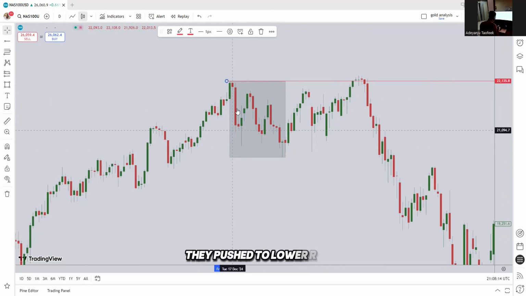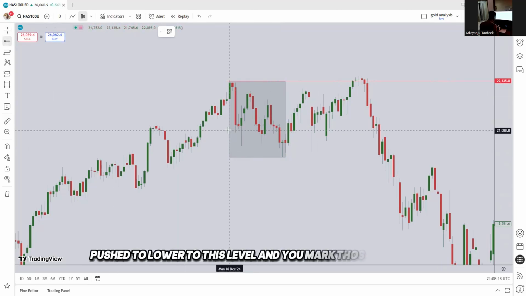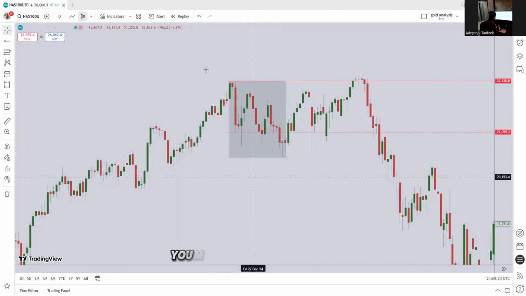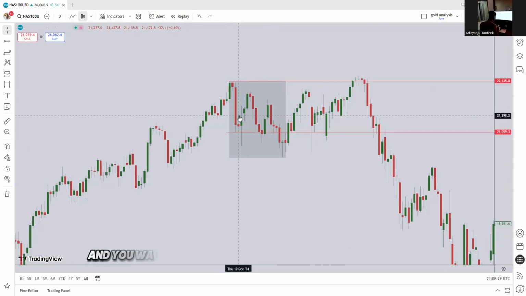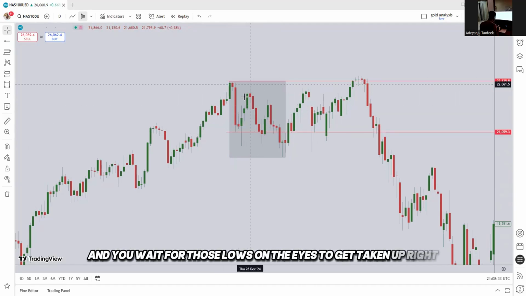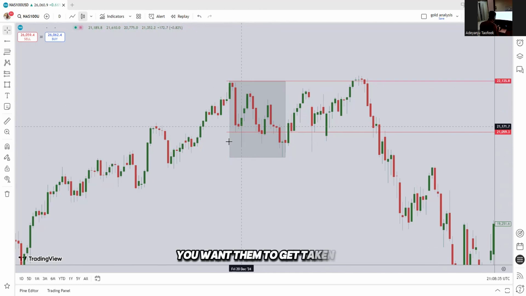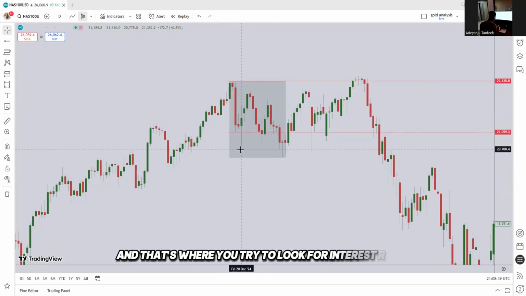They pushed lower to this level, and you mark those lows, right? You mark the highs and the lows, and you wait for those lows or highs to get taken, right? You want them to get taken, and that's where you try to look for entries.